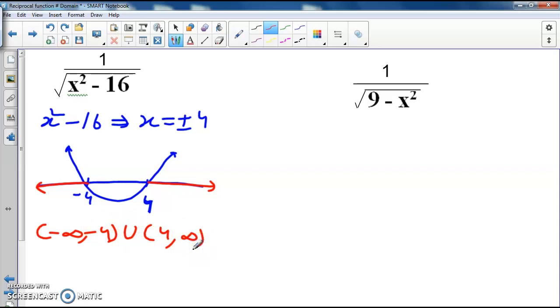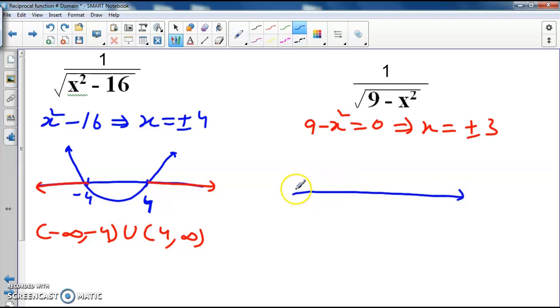Similarly, the second one, 1 upon square root of 9 minus x square. Since 9 minus x square is equal to 0 implies x is equal to plus minus 3, easy. Now a rough sketch of 9 minus x square. We plot its two roots on the x-axis, -3 and 3.